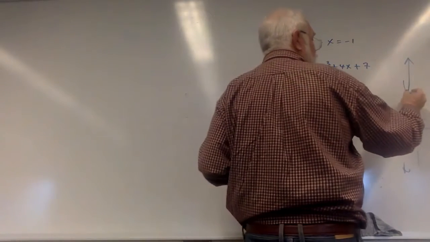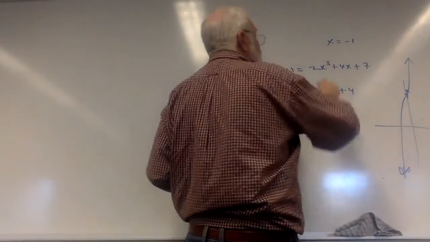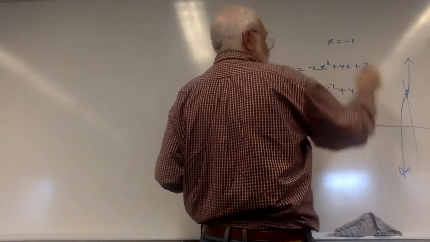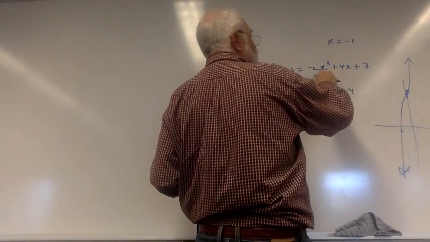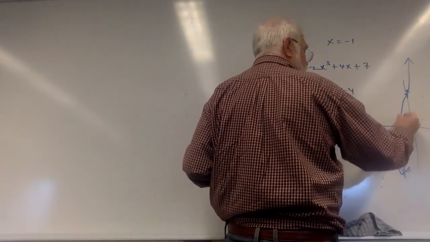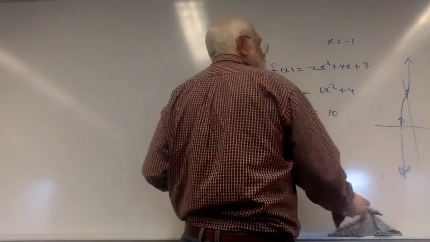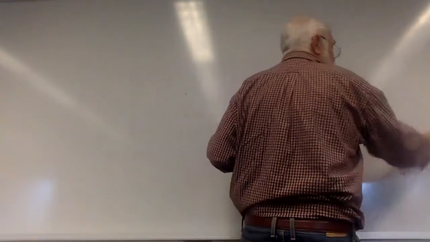So actually, this was the point of inflection. So -1 would have been right about there. And actually positive 1 would have been right there. And does it look like I'm going up at 10 to 1? Absolutely. Okay, that was for my own benefit, just because I felt like doing it.